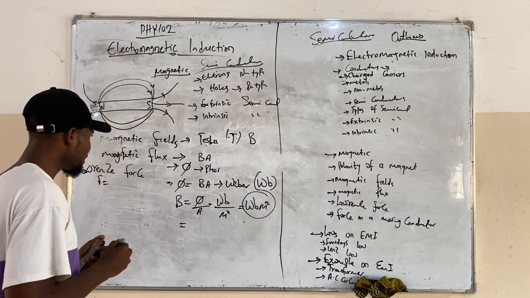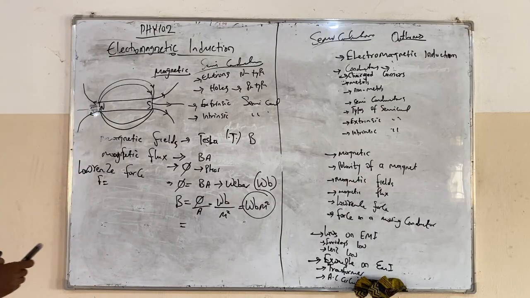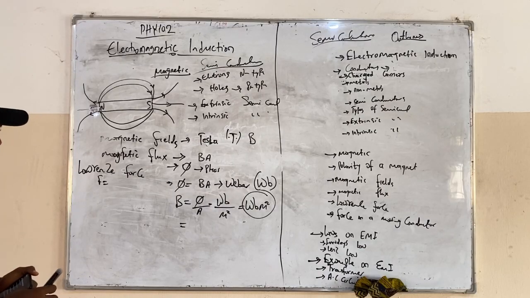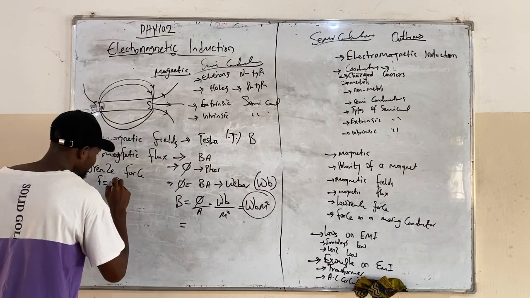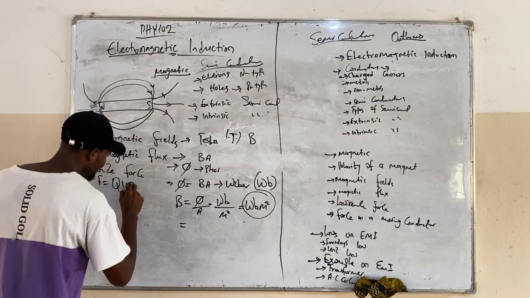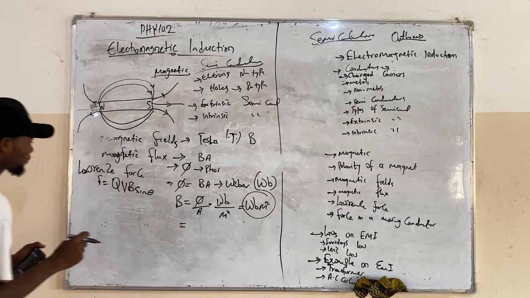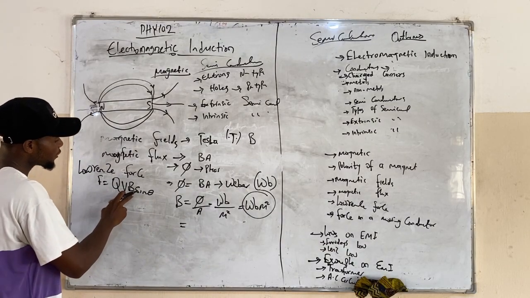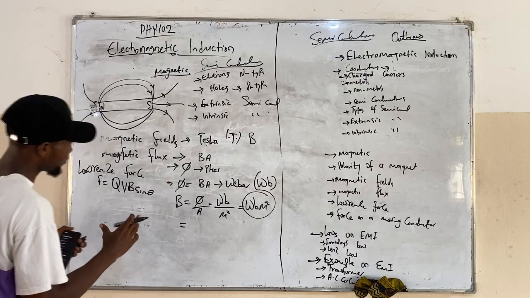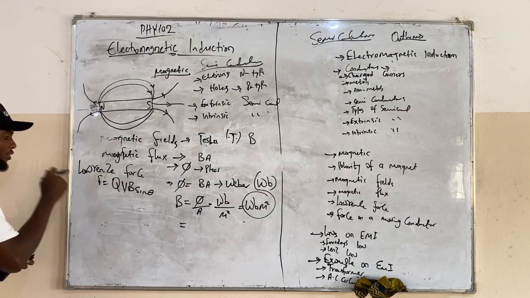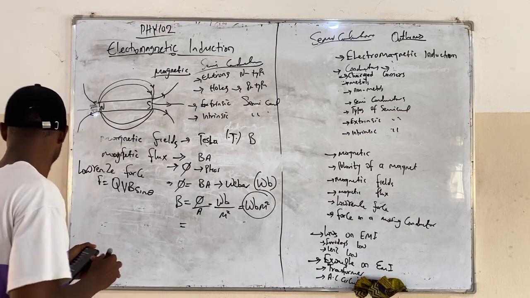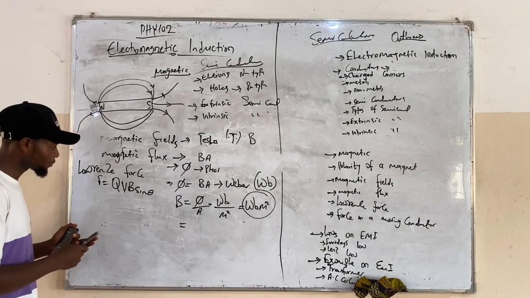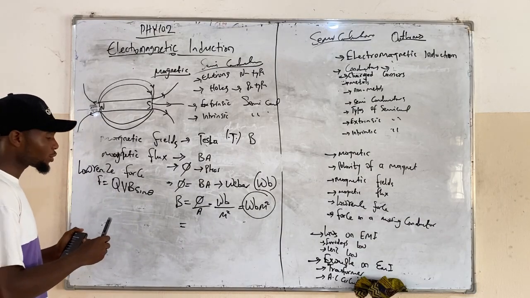The Lorentz force is usually used to represent the force on a moving charge in a magnetic field, and it's represented using a formula. It involves a charge, a velocity, a magnetic field, and of course an angle. There's an angle subtended between the magnetic field and the velocity. This is another important concept for you to know. Since there's an angle involved, this angle will determine the direction of the Lorentz force.